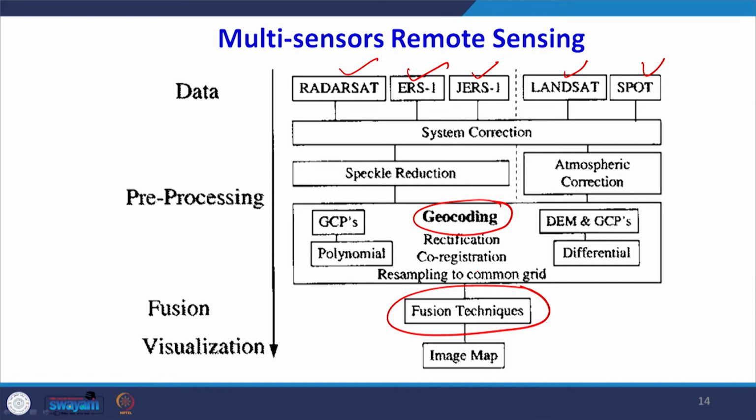Such images are very useful, not only for visualization. When you look at the image, that composite image is much better than the individual images, but if you look at the information content and try to analyze that image, that also will give you better results. So this is the data fusion technique which has been used with multi-sensor data.